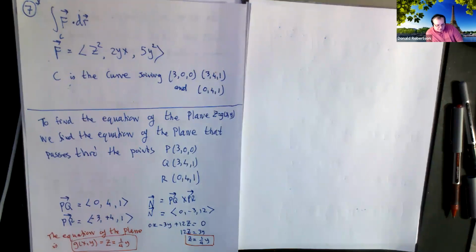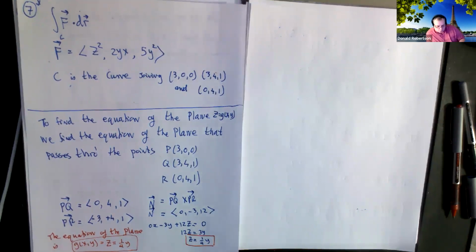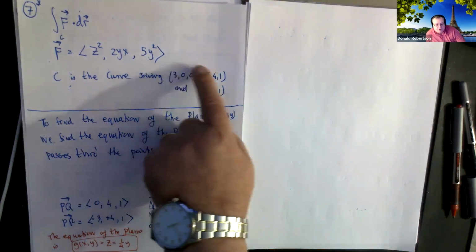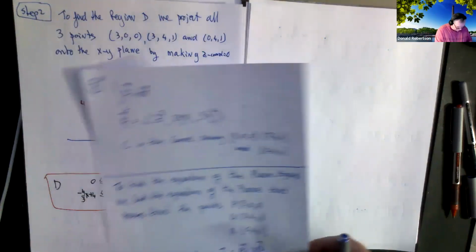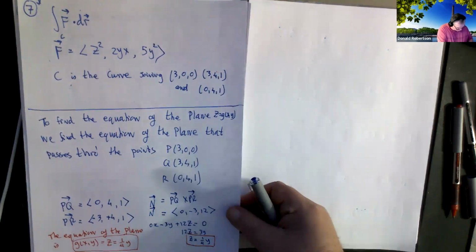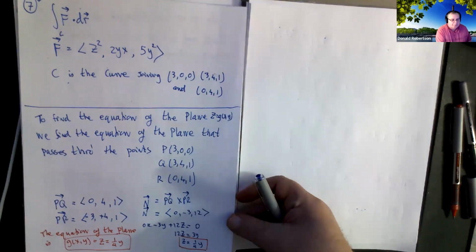Then we use the equation of a plane formula, and you end up with that. Z ends up being 1/4 Y. So the equation of the plane that passes through these 3 points is Z equals 1/4 Y. That's step one done: get the equation of the plane.